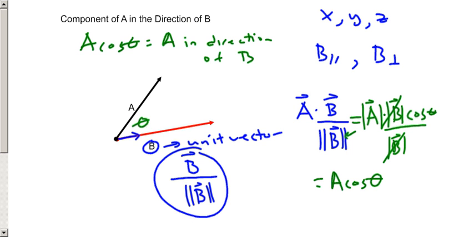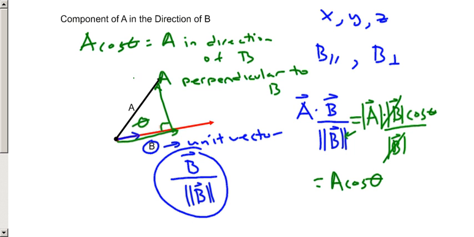Well, what about A perpendicular to B? How would I figure that out? Now think about it. If this vector here is A in the direction of B, then this vector here is going to be A that's perpendicular to B. We've got a right triangle.